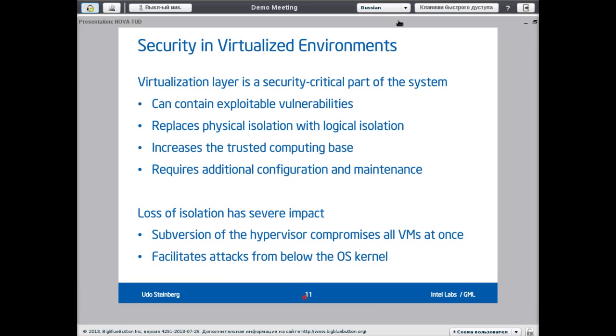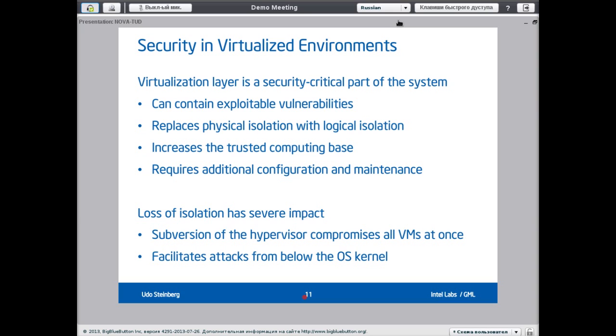So as you've probably already understood, the hypervisor is a privileged component, kind of like an OS kernel. So it is a security critical part of the system. Just like an OS kernel, when there's a flaw, a vulnerability in the hypervisor, then the security of all components running on top of it is at risk. And obviously, since the hypervisor is also just a piece of software, it will contain vulnerabilities.